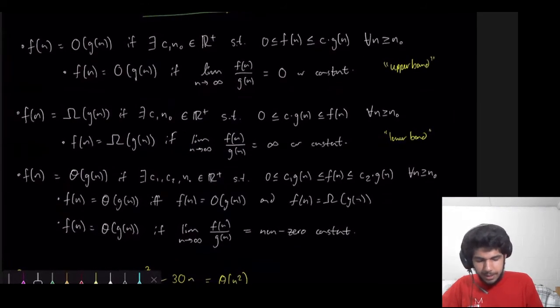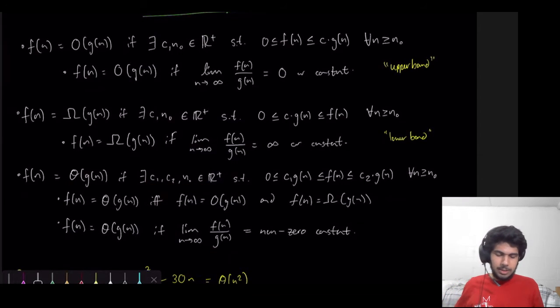And then big theta is, well, now we have these three constants such that f of n is sandwiched in between g of n times two different constants. Once again, for all n greater than or equal to n naught. And if this property holds, it's big theta of g of n, if it's both big O of g of n and big omega of g of n.